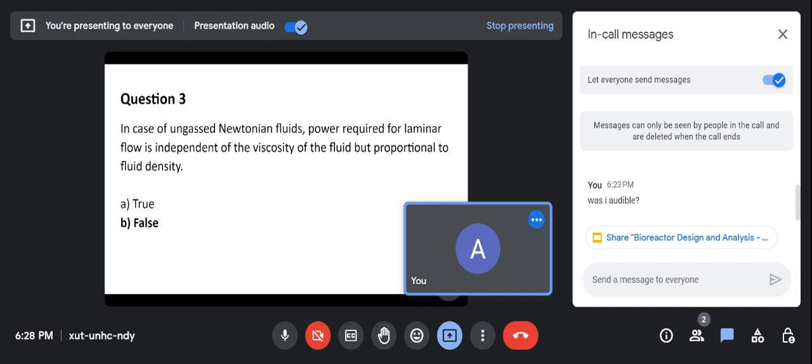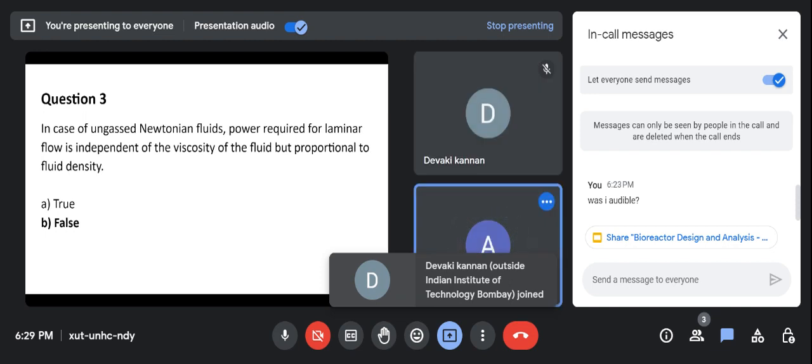The answer is false. So when you have ungassed Newtonian fluids, over time and over different pressures, their viscosity does not change as such.